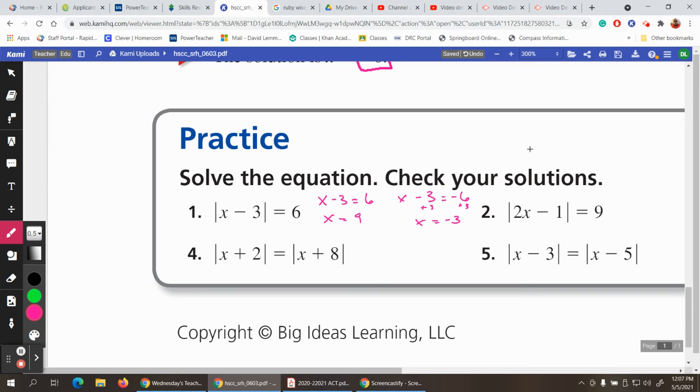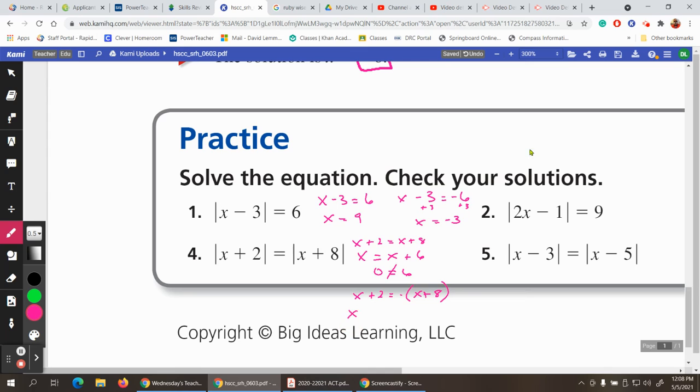So here you would say x plus 2 equals x plus 8, and then you would say x plus 2 equals the negative of x plus 8. So this is, again, the same situation here where you would have x equals x plus 6, which is 0 equals 6. No, it doesn't. So this one doesn't work.